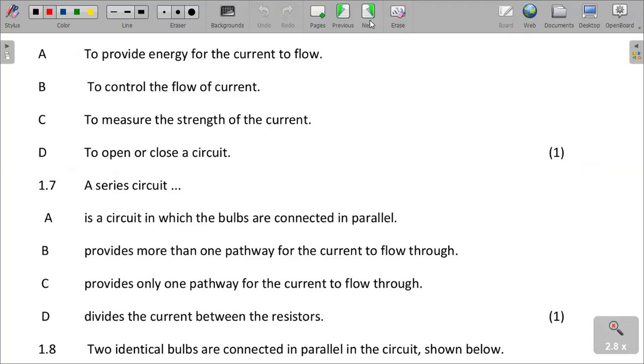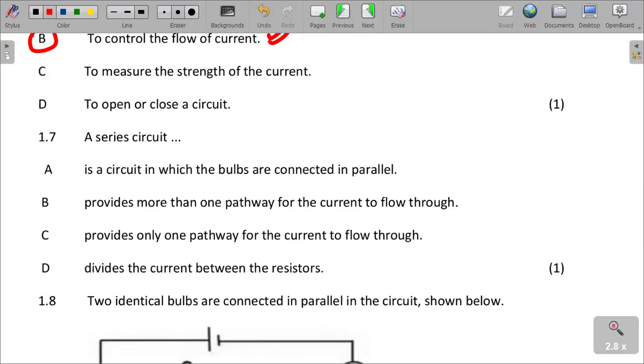I remember when I gave you a lecture showing electrical components and their functions, this was also pointed out: a resistor in a circuit is put to control the flow of current. It actually tries to regulate or control the flow of current. That is the function of a resistor.